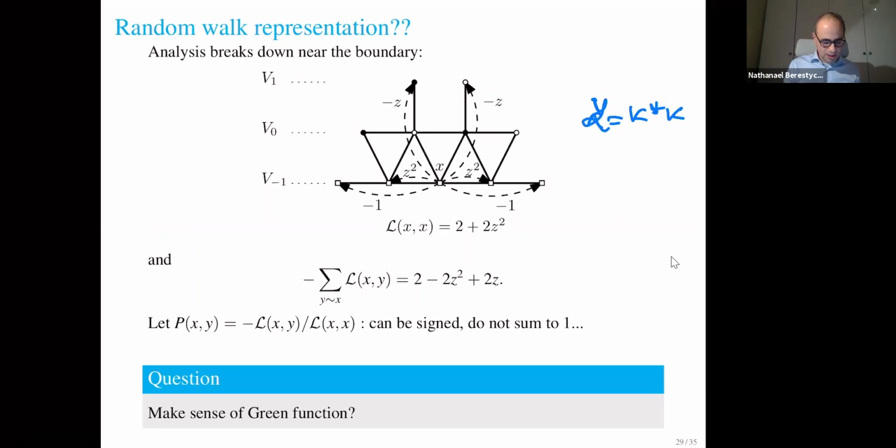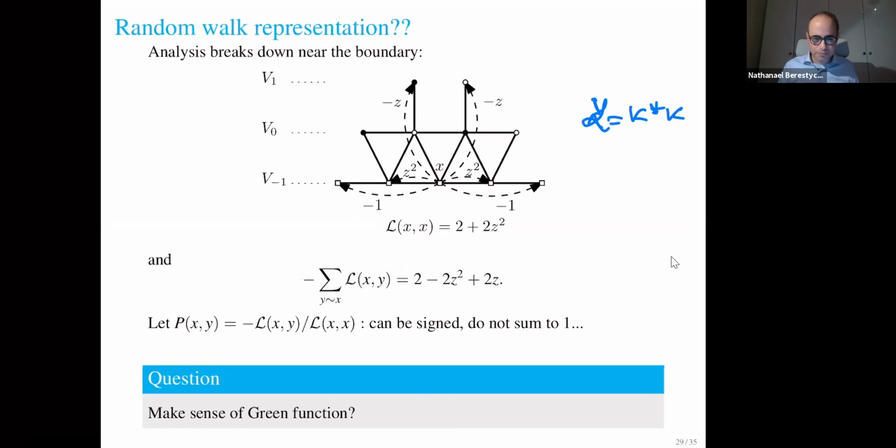The trouble is that near the bottom row, the row where you have monomers, everything goes wrong. The problem is that the signs are totally messed up. If you look at the diagonal entries of this matrix, they're not at all equal to the sum of the off-diagonal entries, as it should be for a Laplacian.